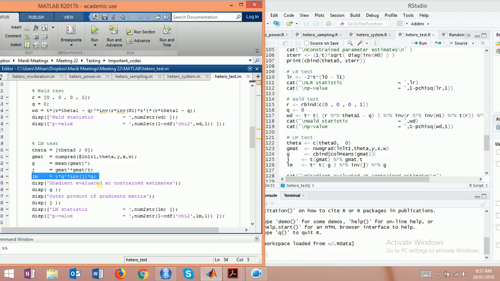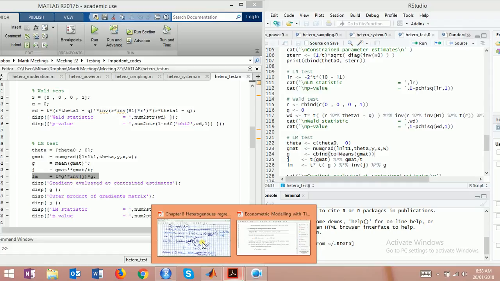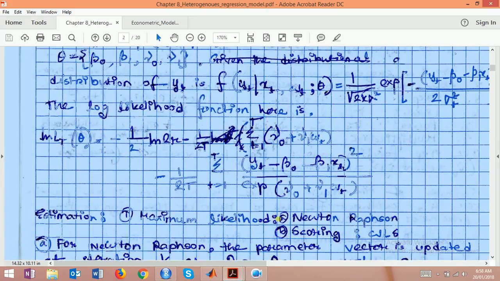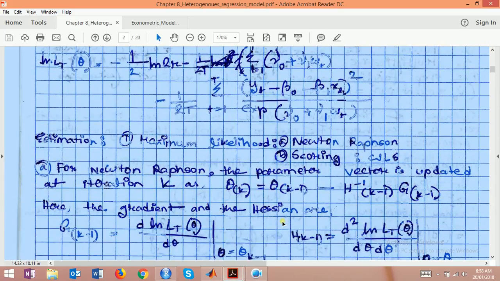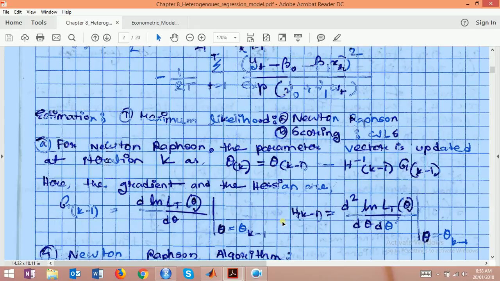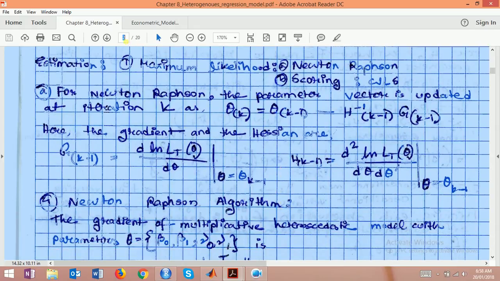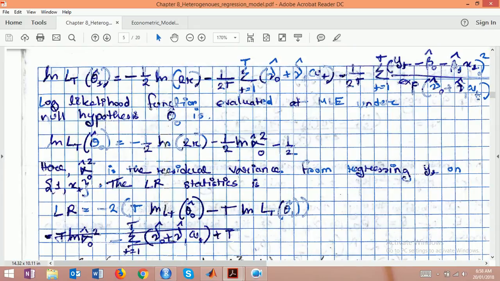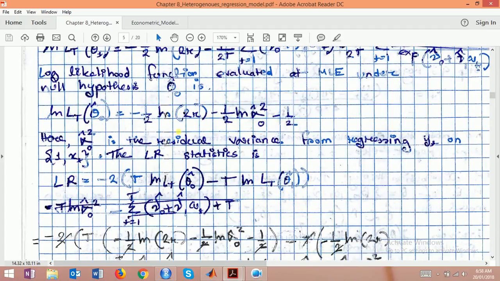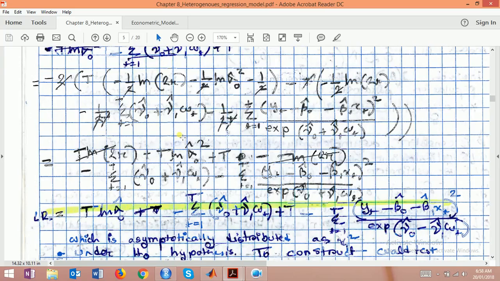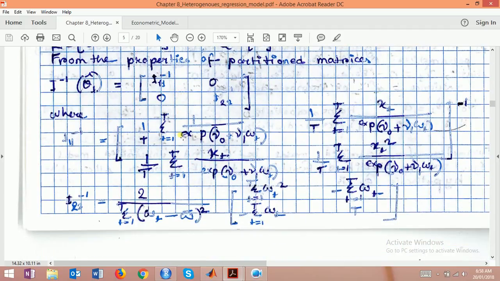LR, Wald, LM. Okay. We can have a look at the note that we have just talked about. So 1, 2, 3, 4, 5. LR. No, this is the next one. Wald and LM.